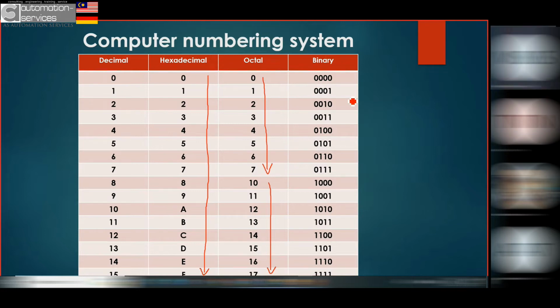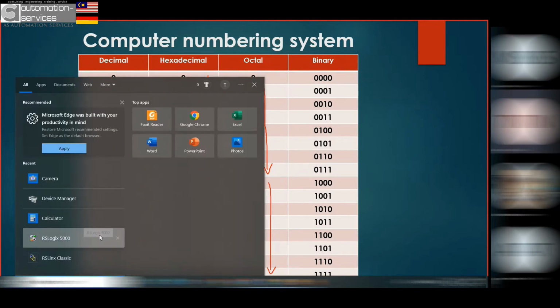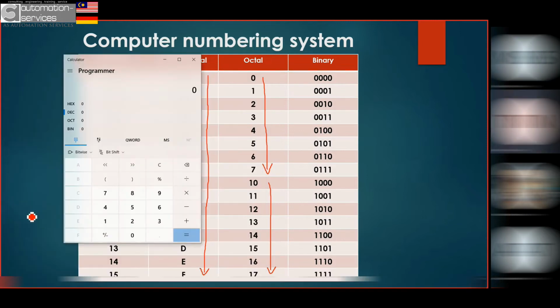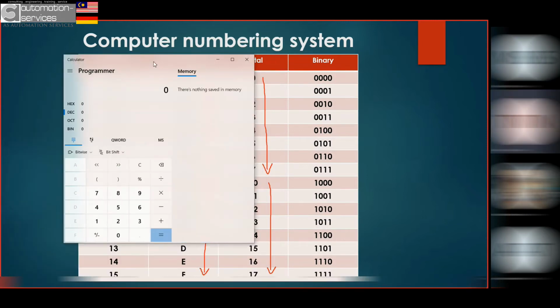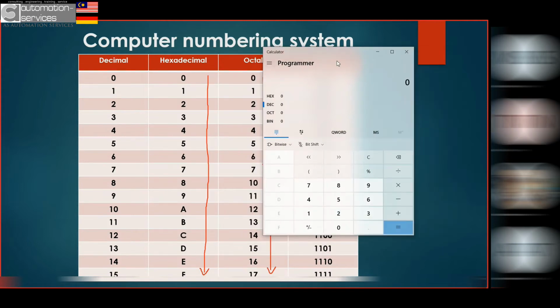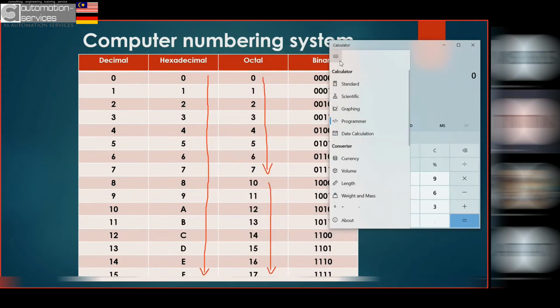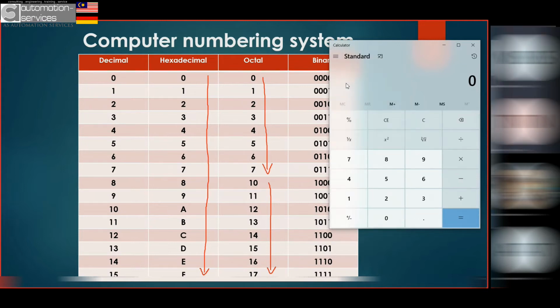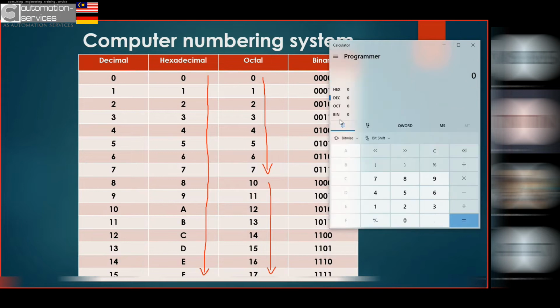All of these you can convert using your computer calculator. Change it from standard to programmer calculator, and anytime you want to change values between hexa and decimal, you can. For example, 17 in octal, or in hexa is 11.